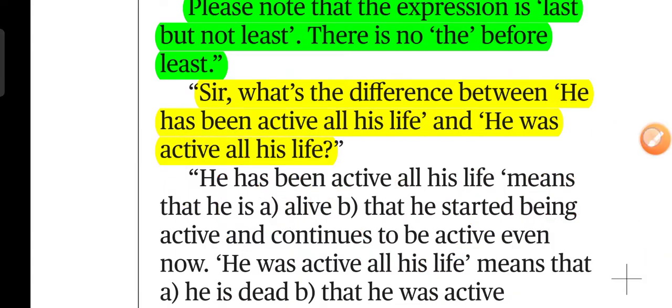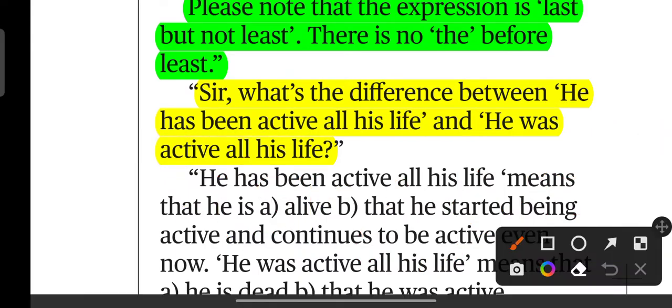For example, "he has been active all his life" means in the past he was active, and in the present he is also active. And "he was active all his life" means that when he was alive he was active, and if he's not alive then he's not active.